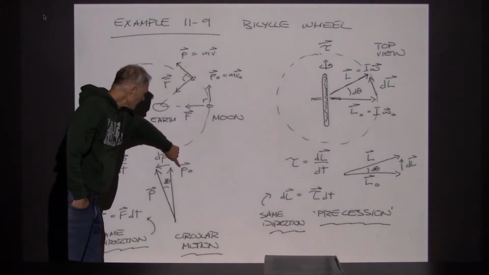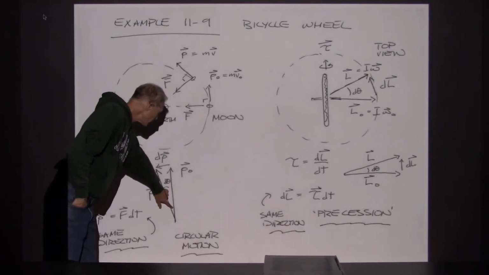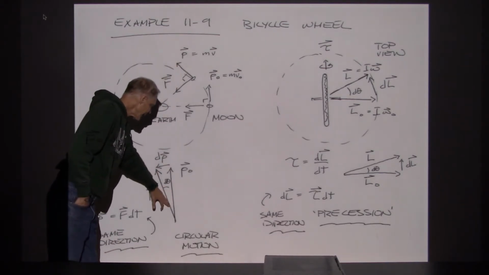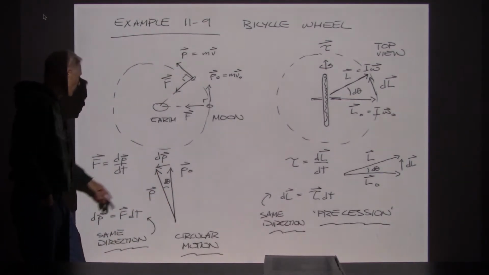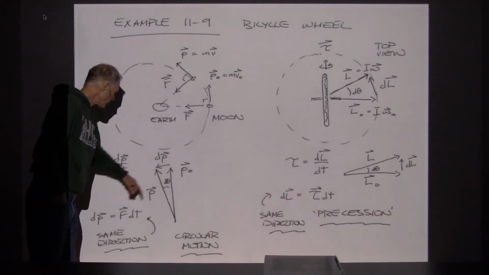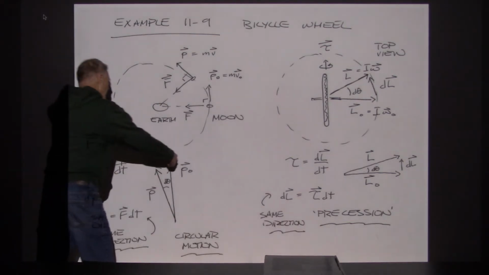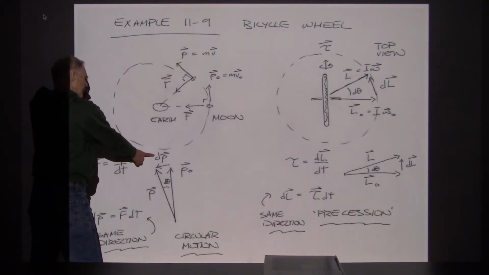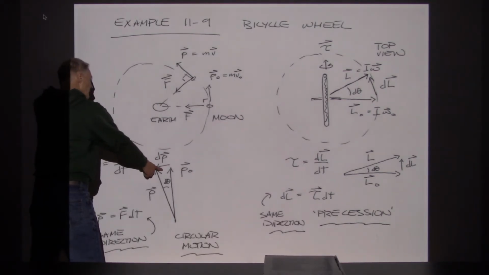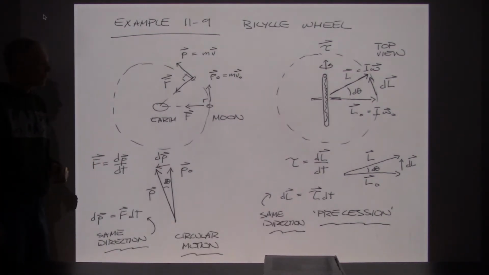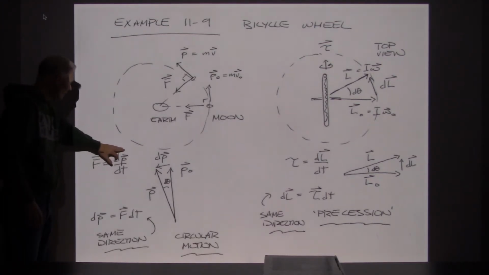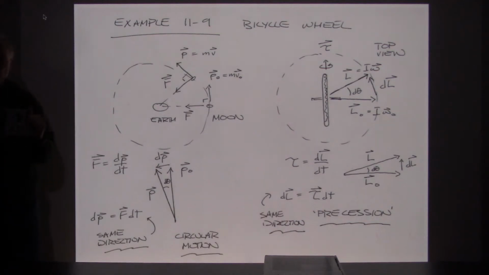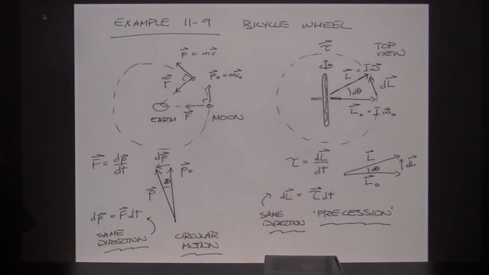So let's say the velocity and momentum originally are in this direction, and then at a later time that has been tipped. And so there is this small angular variation that took place. Now the dp, the infinitesimal change in momentum, is actually perpendicular to the momentum. It's sideways, and that is the direction of the force. So the force redirects the momentum.